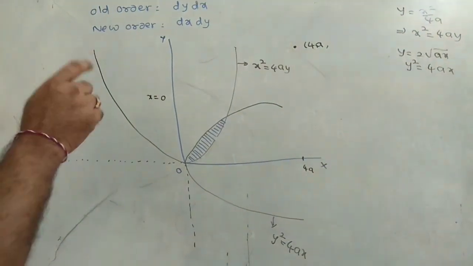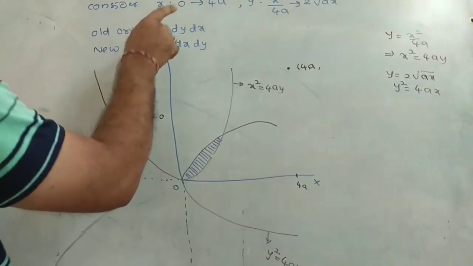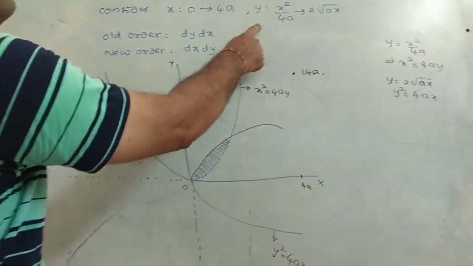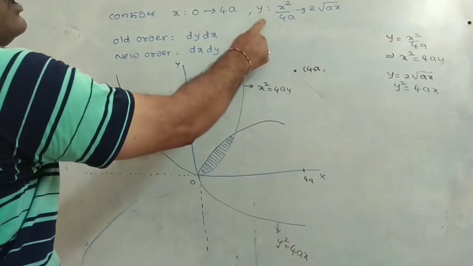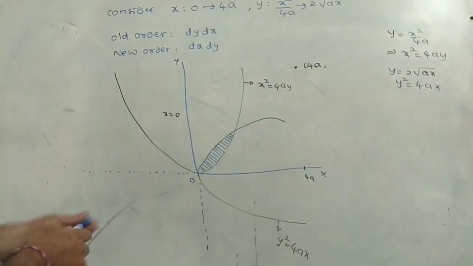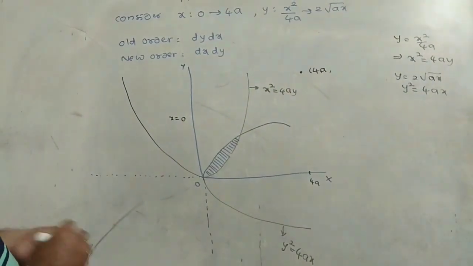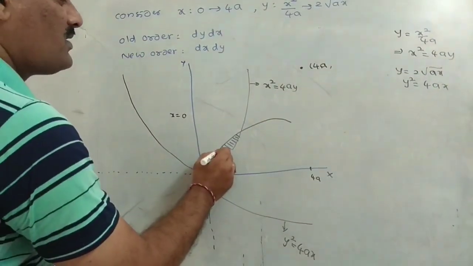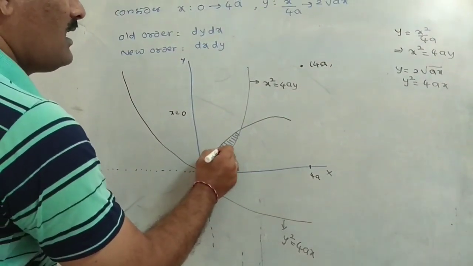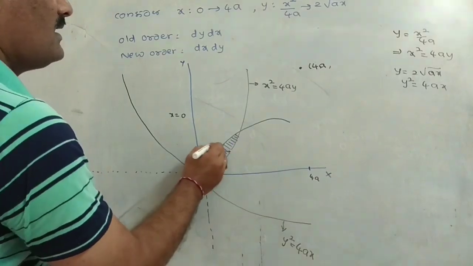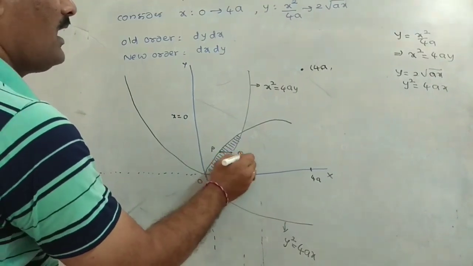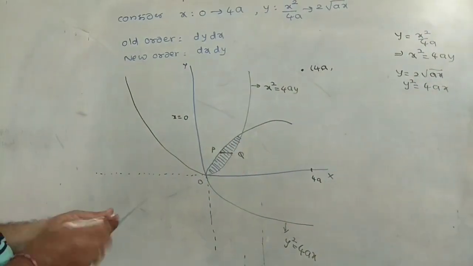Are you going to write the limits in the x variable or the y variable? Previously it was in the y variable. Now it should be converted into the x variable. So parallel to the x-axis, now you construct a strip. I denote this strip with P and Q, for easiness.